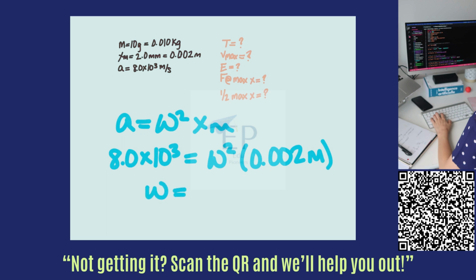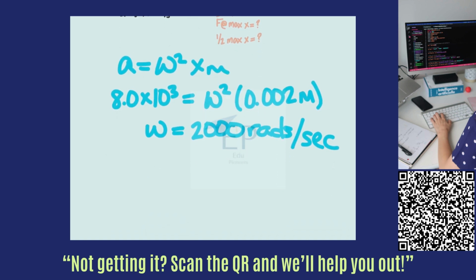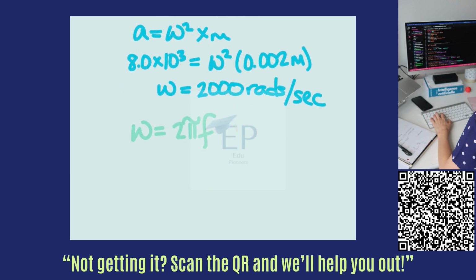When we solve for omega, we end up getting that omega is 2,000 rads per second.